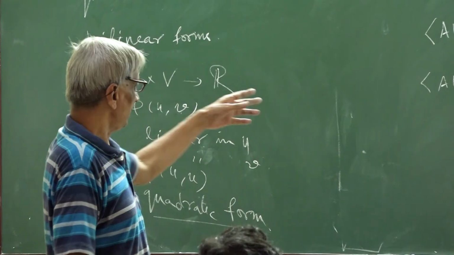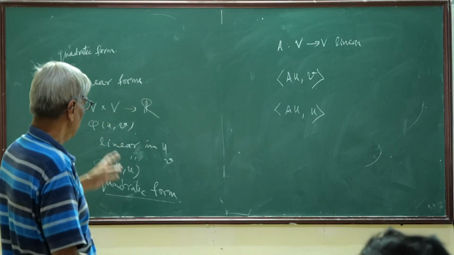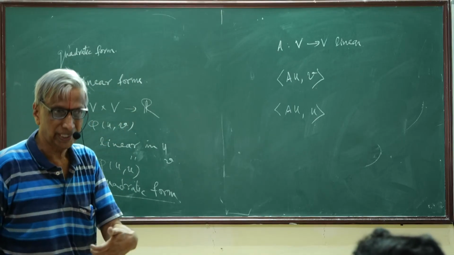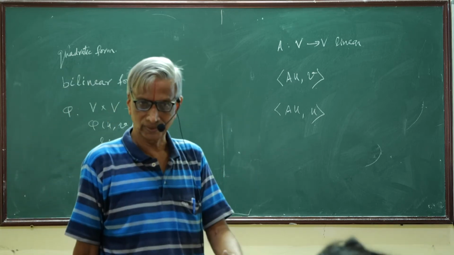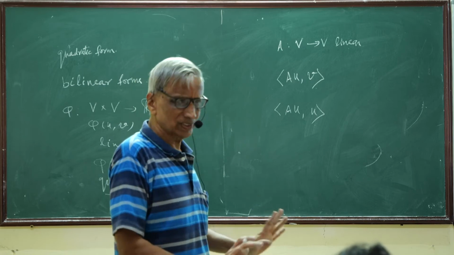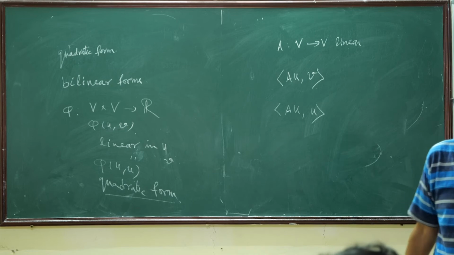Of course, when A is the identity map, you get the earlier one. The inner product is a special kind of bilinear form; it is symmetric and positive definite and so on. In general, bilinear is just bilinear. It doesn't have to be positive or definite or anything.